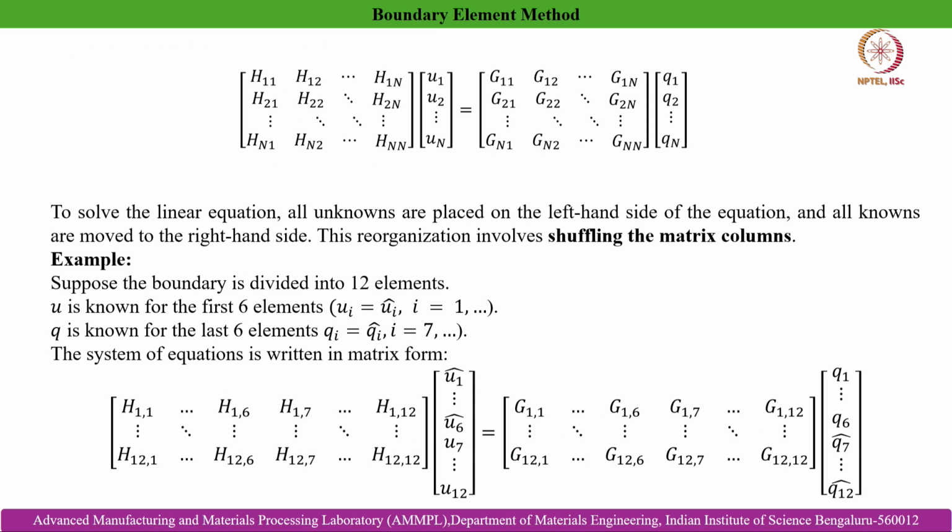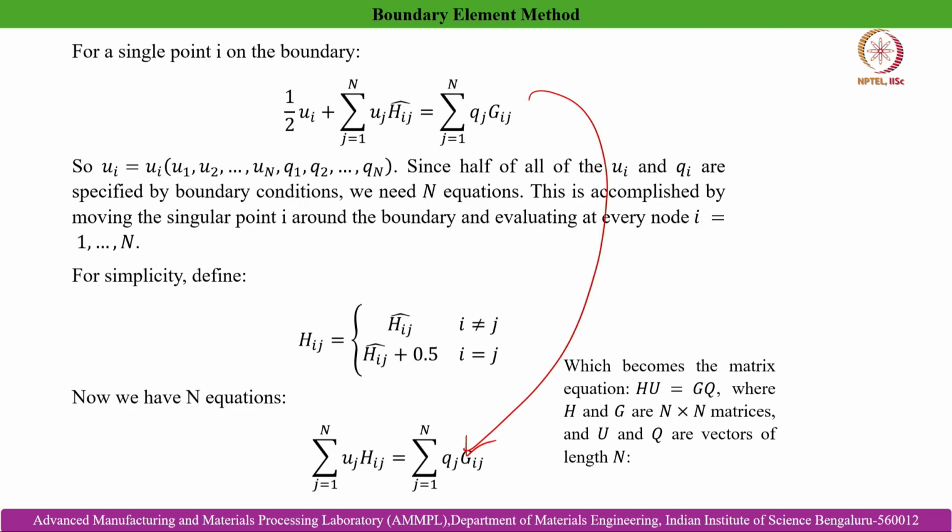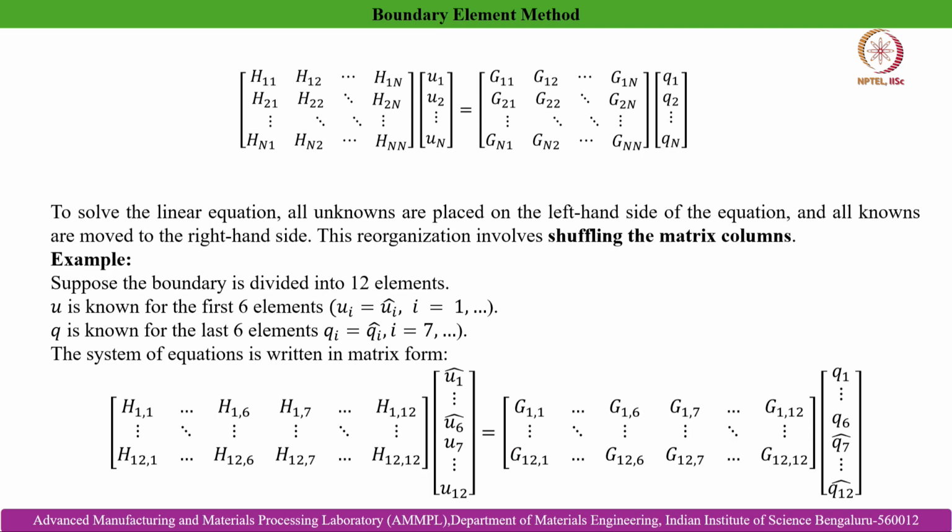If we expand these matrices, we arrive at H11, H12, up to H1n. You can see that we have written H i j, where one index is the row and the other is the column. So for the first row, H11 is the first column, H12 the second column, and H1n the nth column.